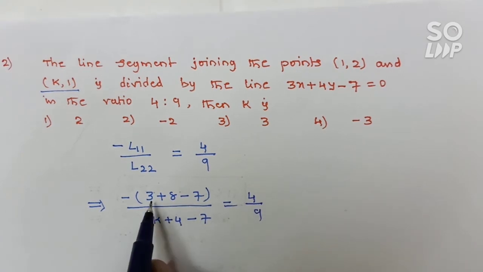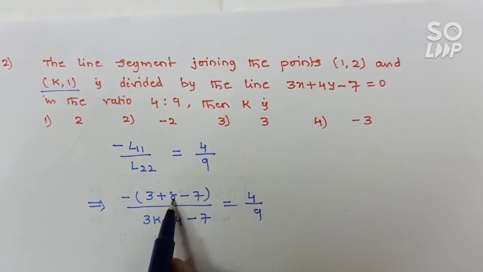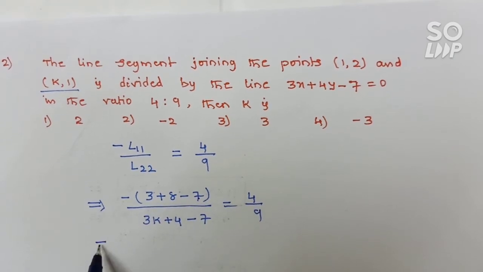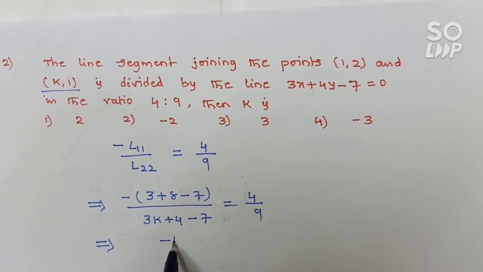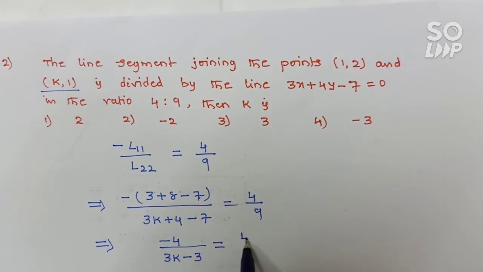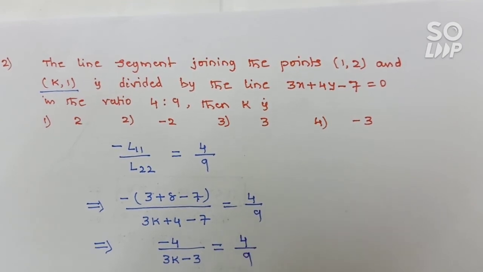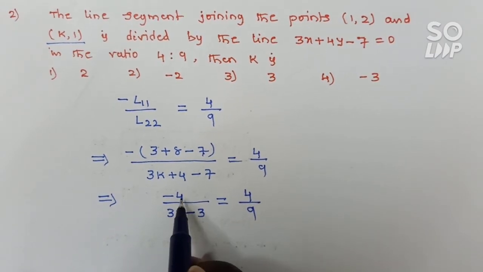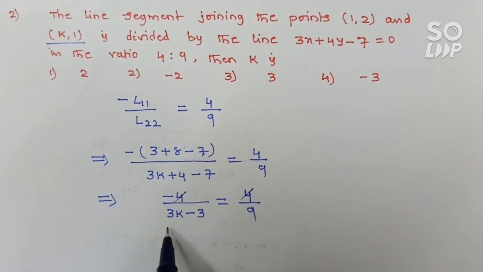Now the numerator value is 8 minus 7 is 1, plus 3 is 4. That implies minus 4, whole divided by 3k minus 3, is equal to 4 by 9. Now in the numerator, 4 will be cancelled.